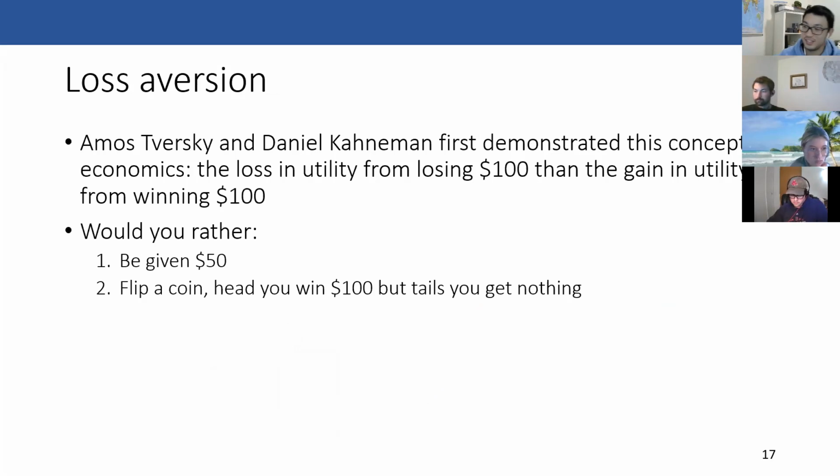Right, okay, so I actually did have a slide on this. That problem that I just talked about, by default I was talking about risk aversion. There's this concept of loss aversion, which is related, where if you lose $100, the utility that you lose, in other words, the usefulness of that $100, is larger than the gain in utility from winning $100.